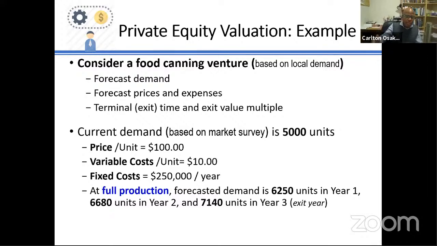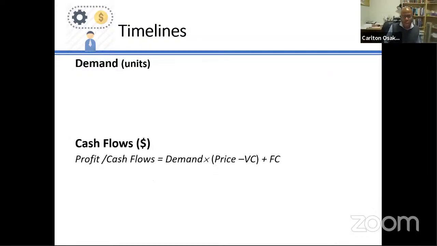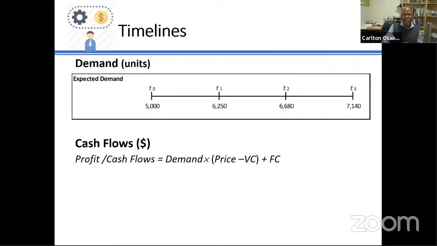And in year 3, this is the year they will assume that the equity investor would exit, and so they'd be looking to get a terminal value on that. So in terms of the demand for units, this is what the timeline would look like. Currently it's 5,000 and so on. And then at time 1, time 2, and time 3, these were the forecasted expected demands, okay?